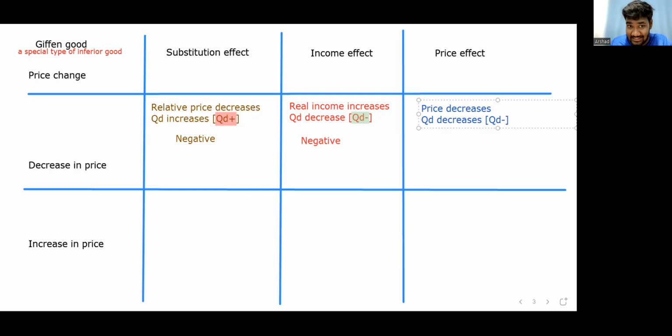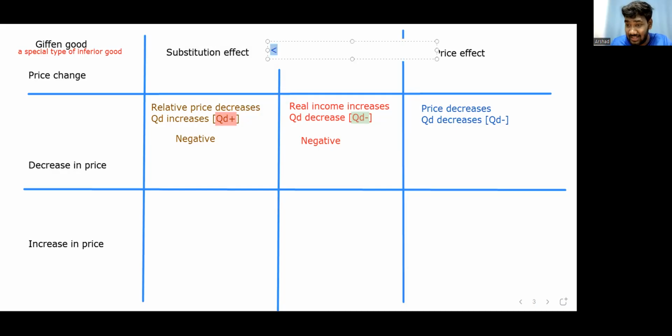The reason is the income effect. The income effect is stronger than the substitution effect.